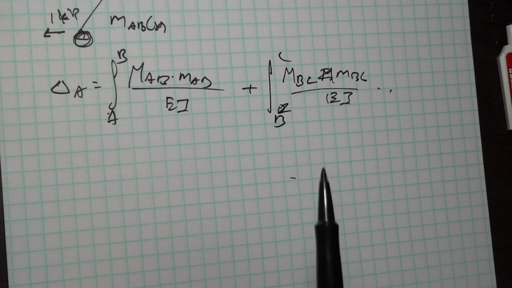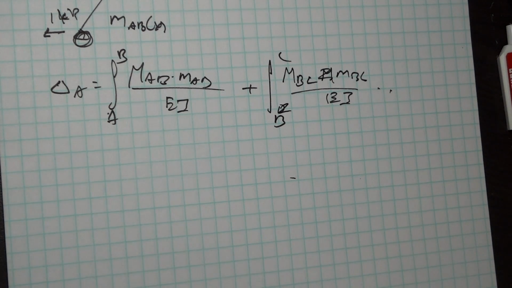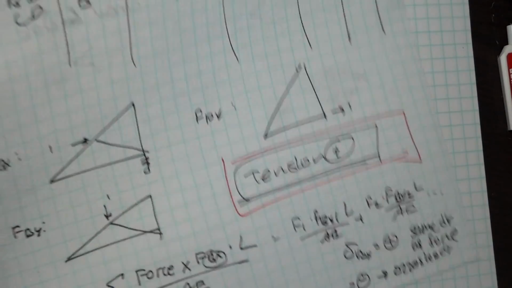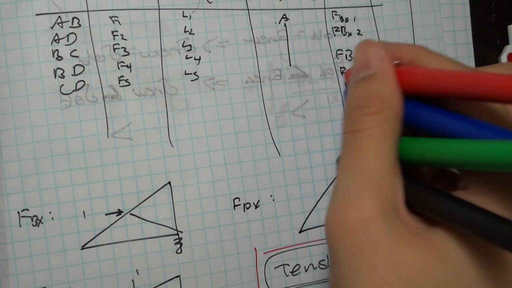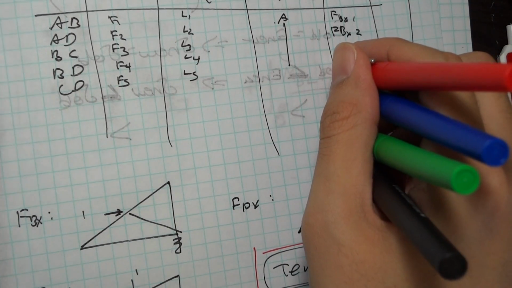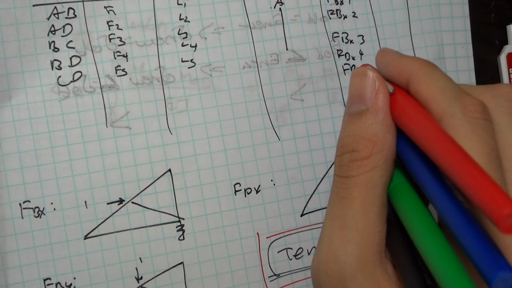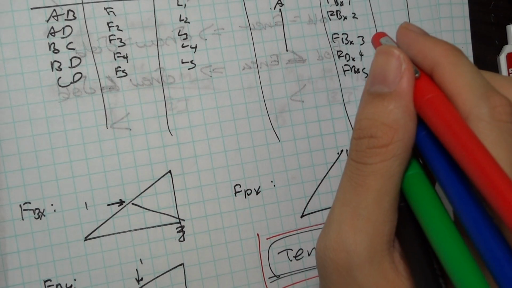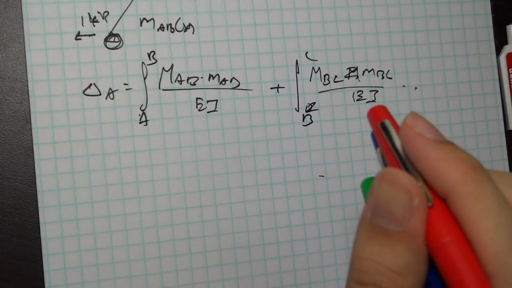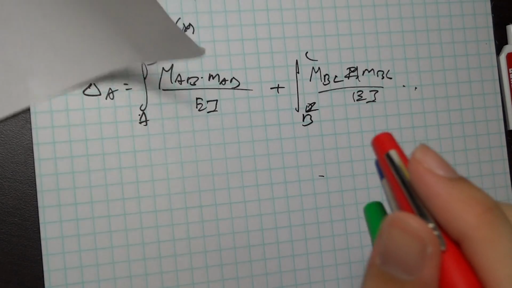If you want to include axial deformation, I believe all that means is you go back and do the same procedure you did here. The same, sorry, not here. The same procedure you did for number 1.